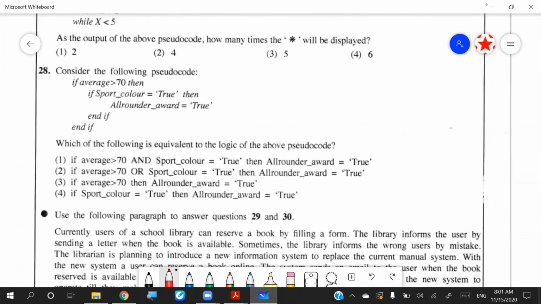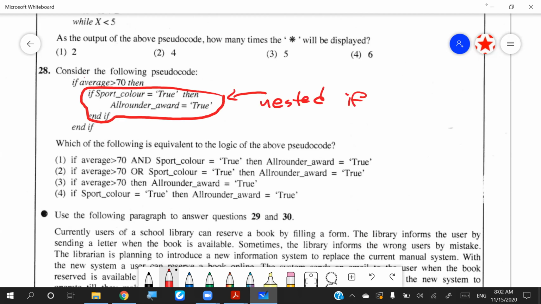Consider the following pseudocode. If average larger than 70, then if sport color equals true, then all-rounder award equals true. End if and end if. So this is called the nested if, right? So this if is called the nested if. So if this condition is true, then only the nested if part will happen.